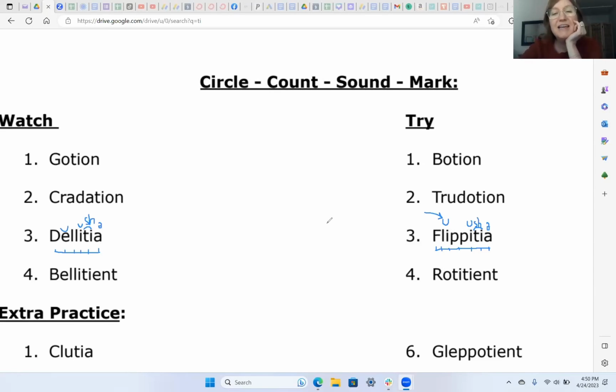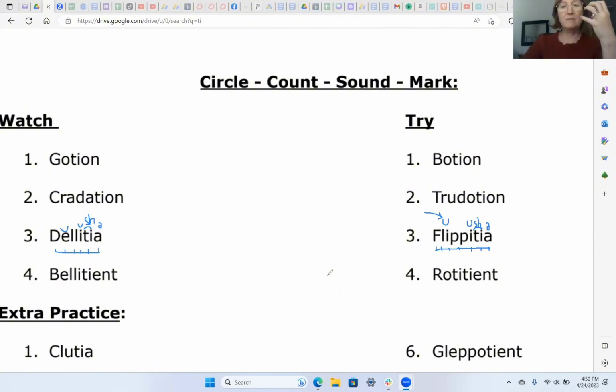Why is it that in ITIA the first I is short, and in OTION the first O is the long sound? Oh, good question, Amy. That's just because I in the middle makes its short sound.